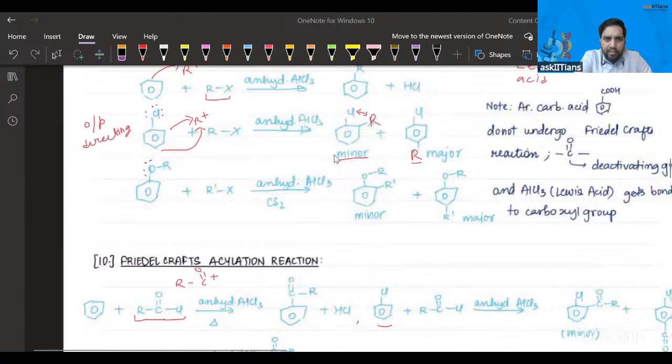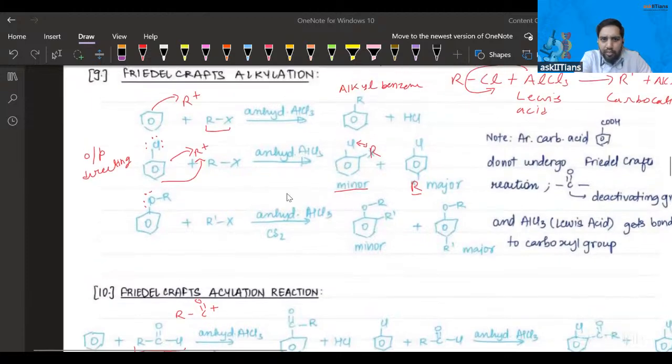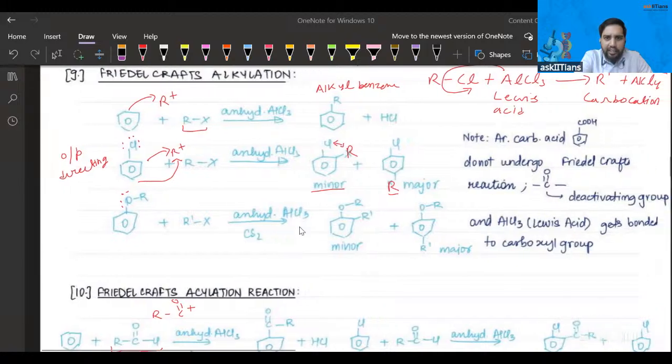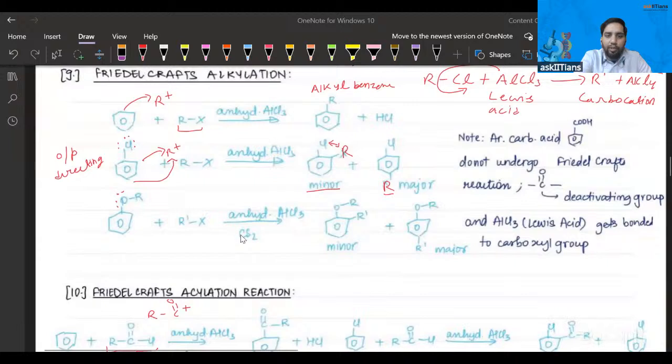Okay, so there is a question: why are we using CS2 as the solvent? CS2 is acting as solvent here. We are basically doing this reaction in the presence of a non-polar solvent. CS2 is a non-polar solvent.